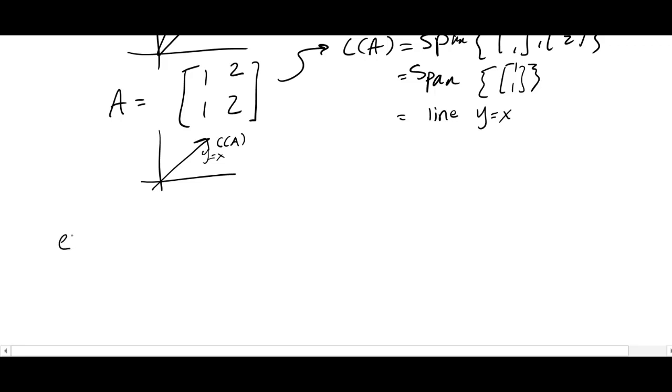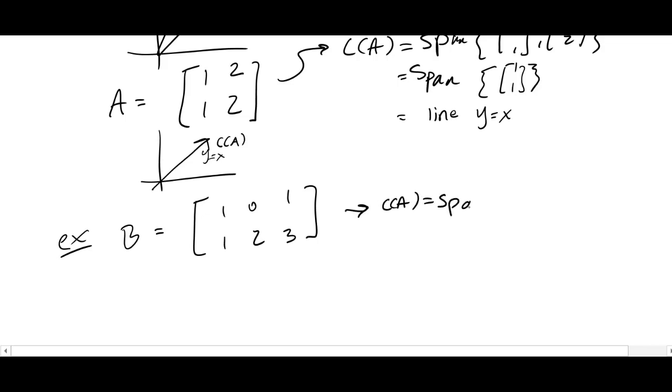So take this matrix B with columns (1, 1), (0, 2), and (1, 3). In this case, the column space is the span of these three vectors. But (1, 3) is just (1, 1) plus (0, 2).